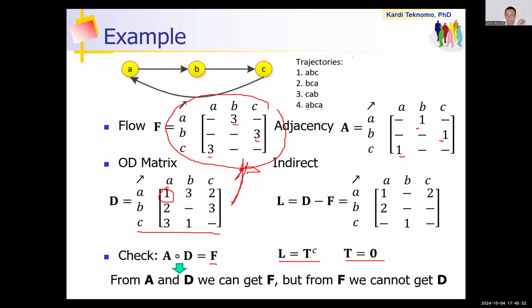If you don't know the trajectories and you only know the flow matrix, you cannot get the OD matrix. That's the meaning of this lesson. This formula means you can only get the flow matrix from the OD matrix, but from flow you cannot get back the OD matrix. So there is an information reduction here.